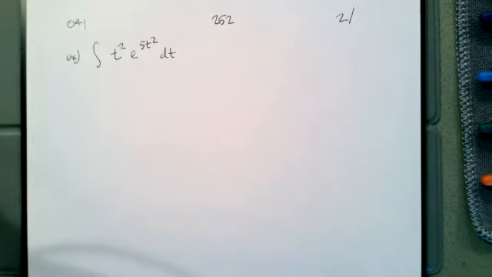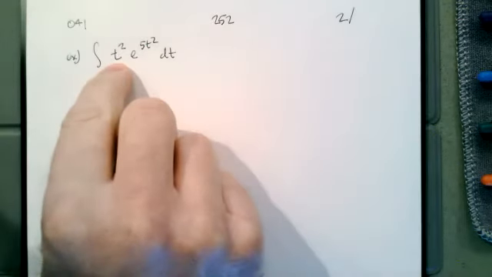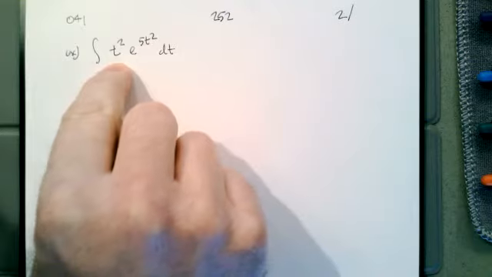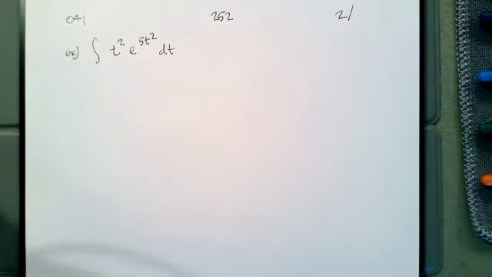The only candidate for an inside function is 5t squared. The derivative of the inside is something times t, and I don't have that. I have too much of it. One of these t's can serve as my dw, but what am I going to do with the other one? And if we just try to mechanize our way out of it, it causes more problems than it's worth.